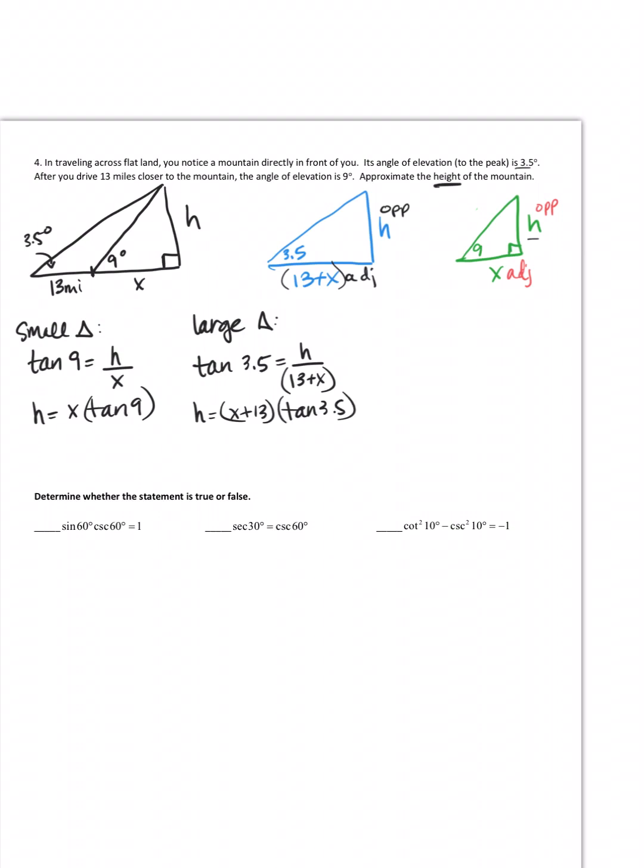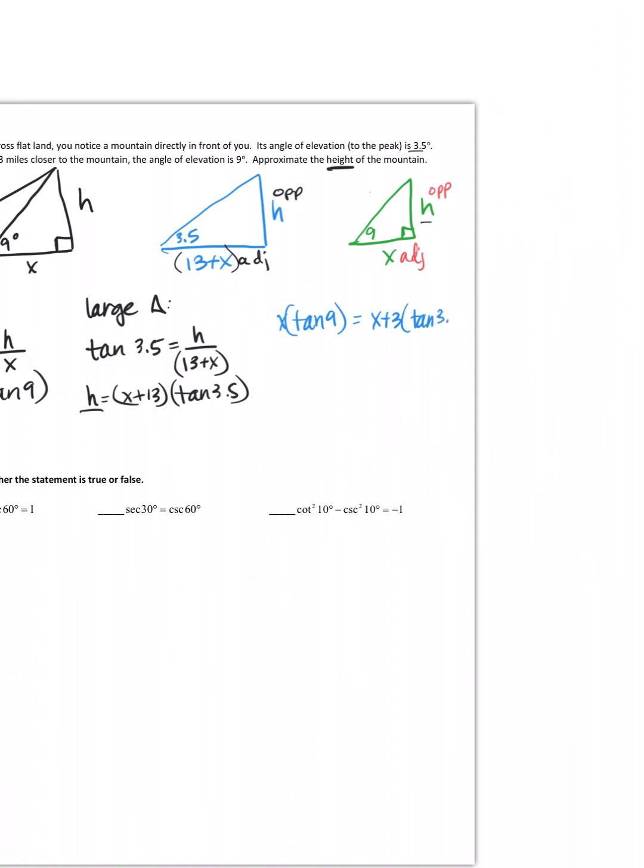Now, since these are both h's, can't we just set them equal to each other and go from there? Yes, we can. So let's say x times the tangent of 9, now keep that tangent of 9 together, equals x plus 13 times the tangent of 3.5.